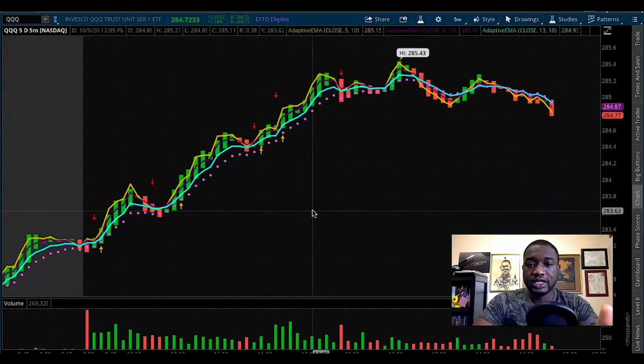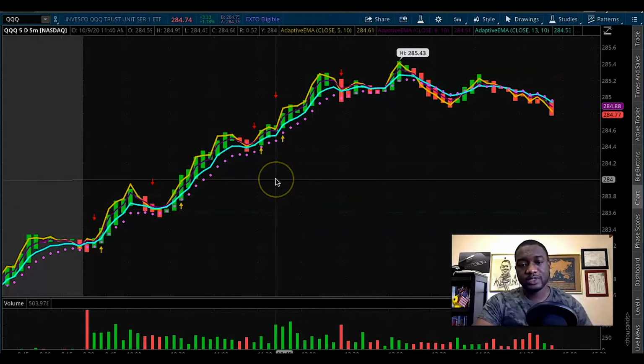So this is actually a very good tool to use as well, because it helps keep you in the trade just a little bit longer, so you don't have to really stress too much.